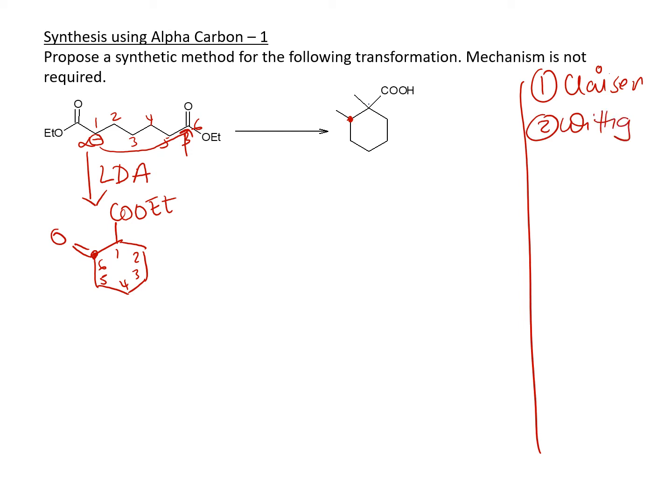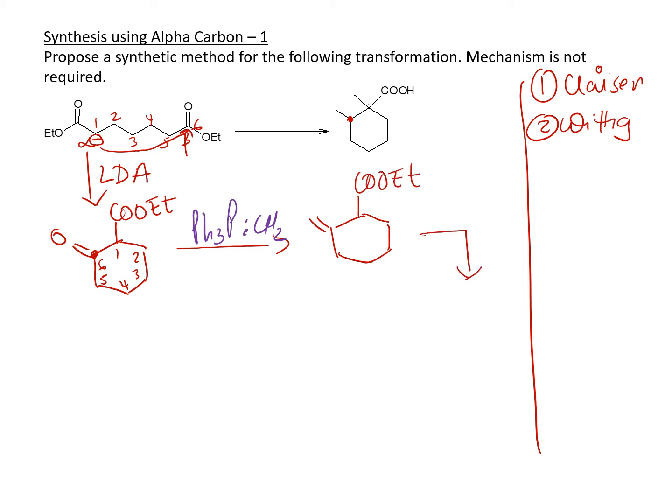So we'll go ahead and do a Wittig reaction here, and I'm going to use PPh3, and then of course the CH2, because we need only one carbon here. So this will give me an alkene, and an alkene is not what I need.